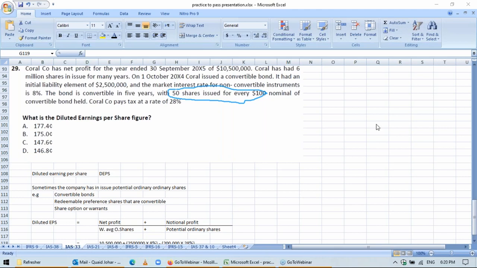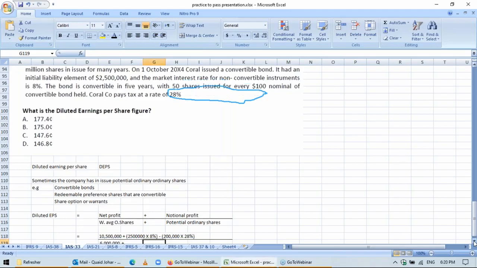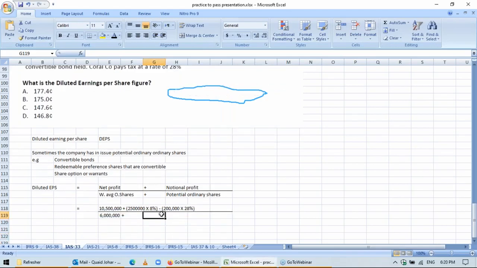So each $100 convertible bond will be converted into 50 shares. Let's assume that these shares will be issued this year only. So 2.5 million was the convertible bond, divide by 100. This gives you the number of bonds currently in issue, and multiply this by 50 shares. So this gives you the ordinary shares.